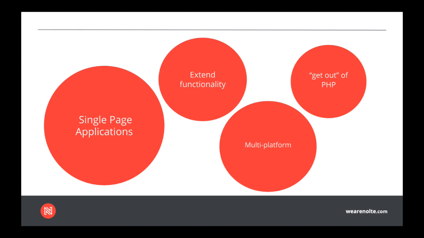Also, we can use this as a multi-platform core. Let's say, for example, we have this newspaper and we have a native application for Android and another native application for iOS, and also we have the web version of the newspaper.